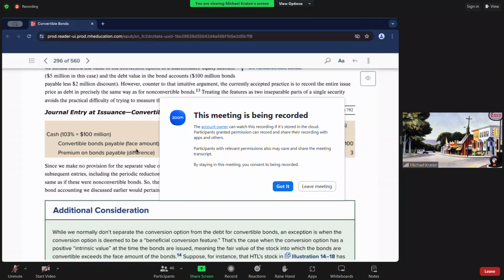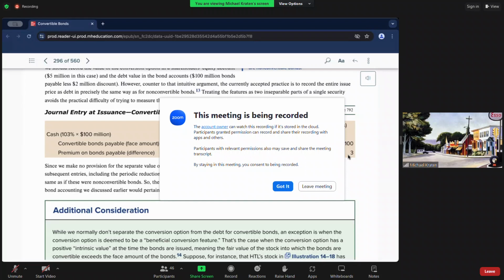Well, in that moment, if they're borrowing $103 million, because that's the amount of money that they're receiving, we debit cash and credit debt for 103. The textbook author, instead of having one bond payable liability account of 103, divided it between two accounts, one of the original 100, one for the extra 3.